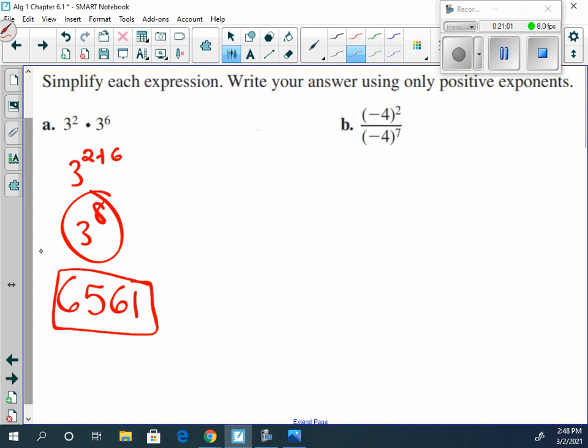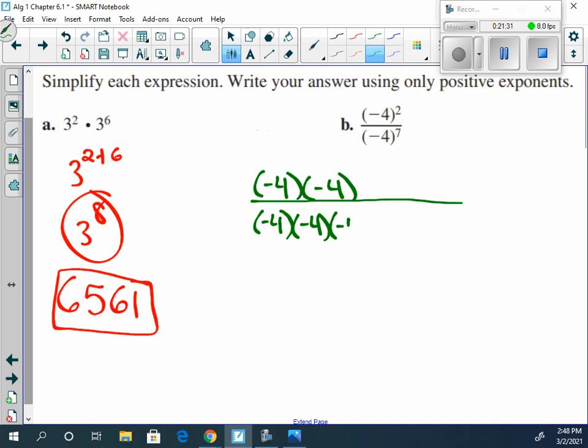Now, they also said if we're dividing, okay, then we do what? We subtract. So, if I look at this here, negative 4 to the second power means I'm multiplying negative 4 by itself twice, yes? In the denominator, we have it 7 times. 1, 2, 3, 4, 5, 6, 7.